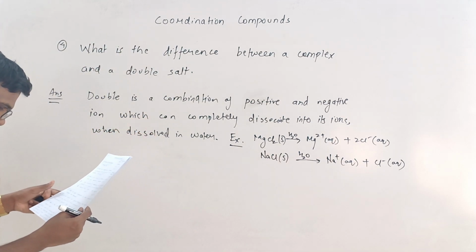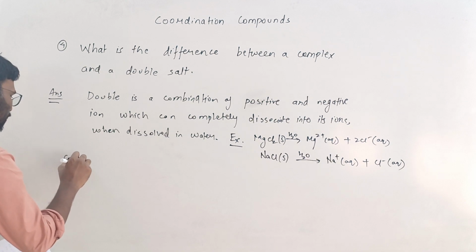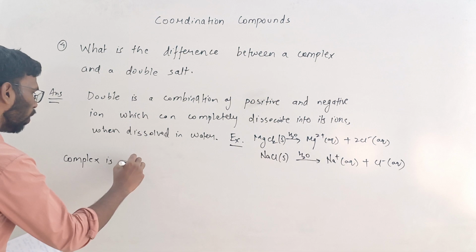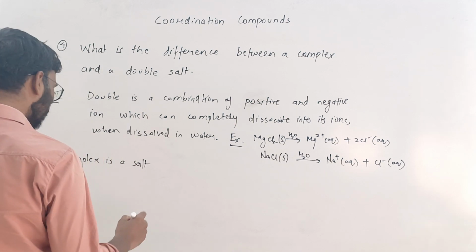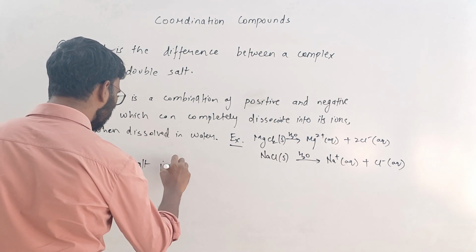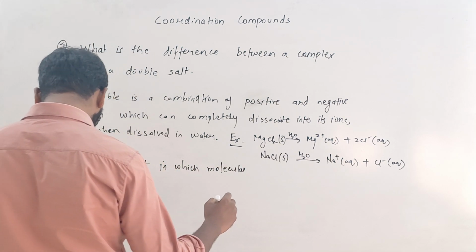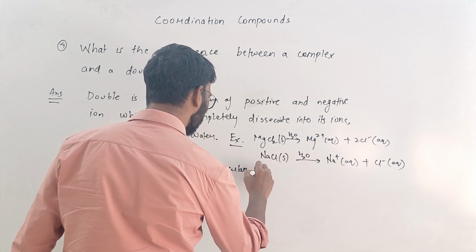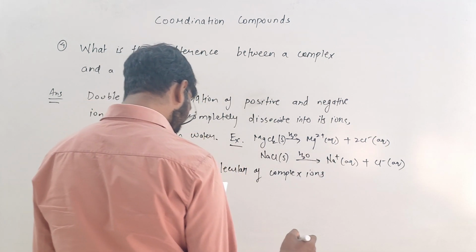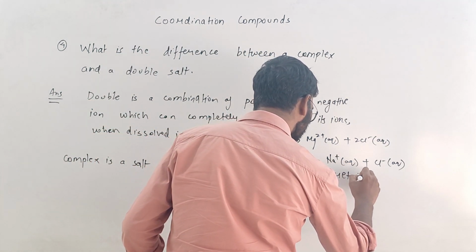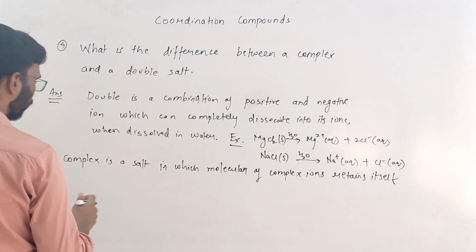Now, what is the definition of a complex? A complex is a salt in which the molecular structure of the complex ion retains itself in aqueous solution.